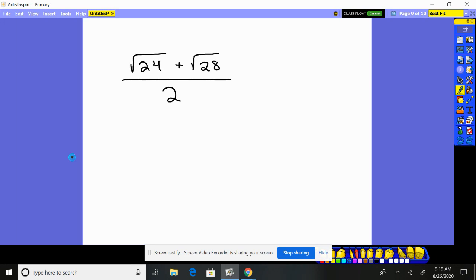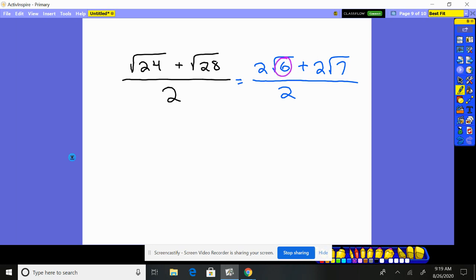We have square root of 24 plus square root of 28, all divided by 2. If we break this down, I'm going to save you time. Square root of 24 looks like a 2 root 6. Square root of 28 looks like a 2 root 7, all divided by 2.